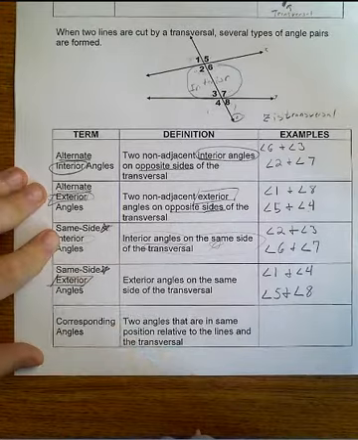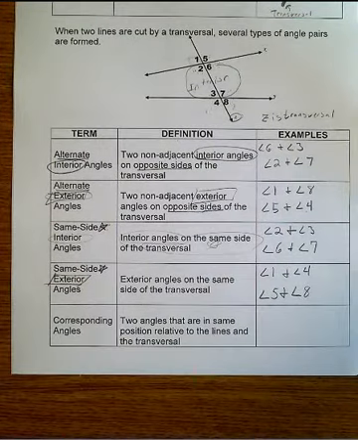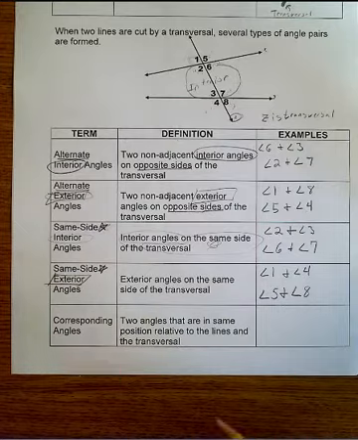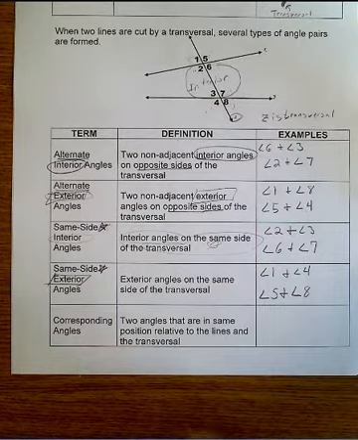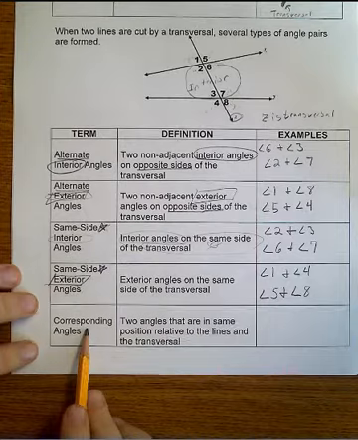Now, these 4 are very nice in the fact that they tell you exactly what we are looking for. Okay, they say alternate sides or same sides, and they say interior or exterior. This last one is not as nice. It just says corresponding.